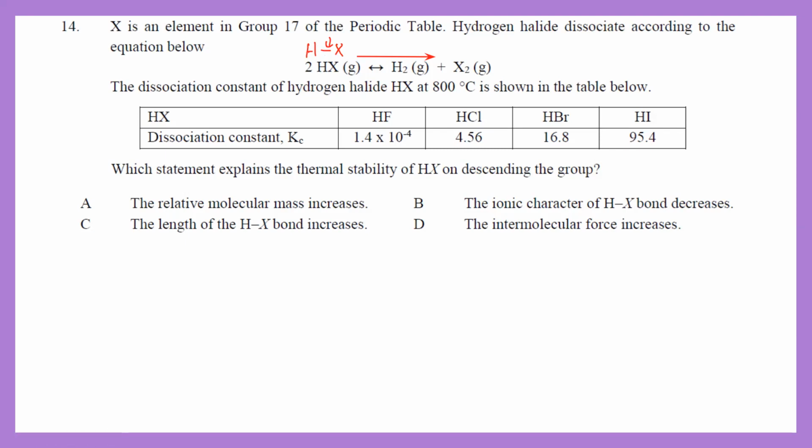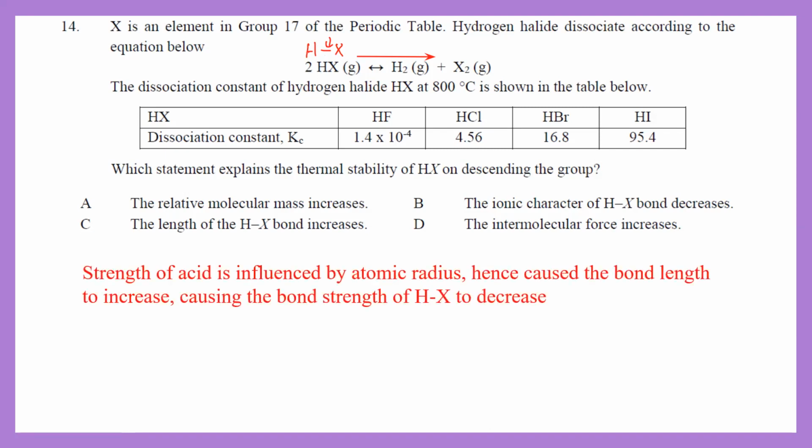So what influences the bond energy? First is the atomic radius, then bond length, then bond strength. So in here, the best answer that describes why the K value increases going down the group is due to the length of the HX bond increasing. So that is for number 14.